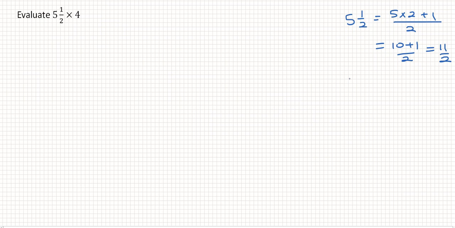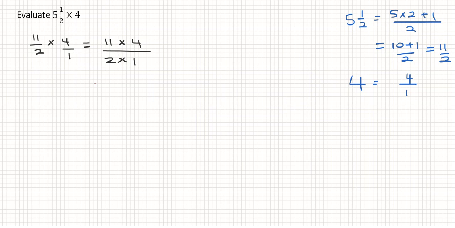And then we have 4 as an improper fraction with 1 as its denominator. So next step is, let's go ahead and rewrite the question. So we have 11 over 2 multiplied by 4 over 1. This is going to give us, multiply across, 11 multiplied by 4 over 2 multiplied by 1.